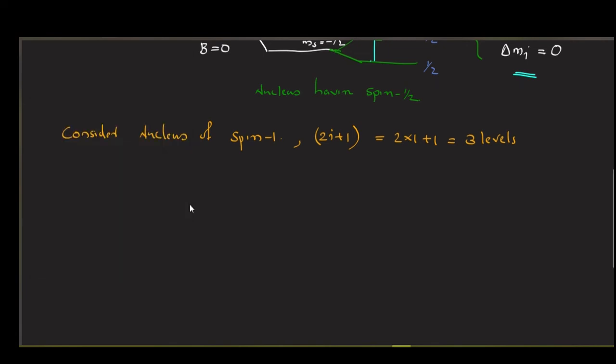Initially, B not equal to 0. Your electron is placed in an external magnetic field. Before the magnetic field is applied, there is only one energy level, and when the field is applied, the energy level will split corresponding to ms equal to half and ms equal to minus half.